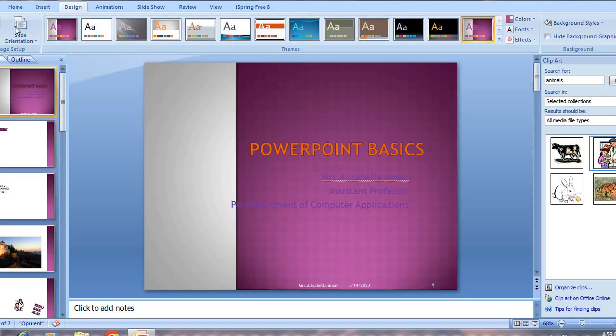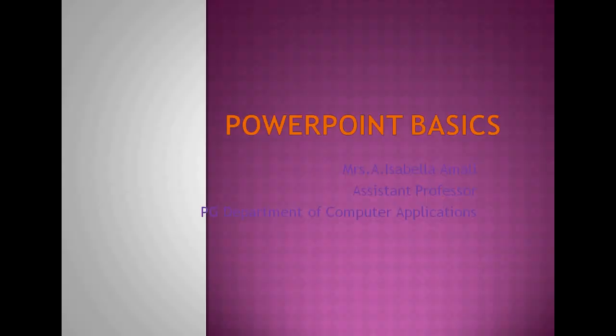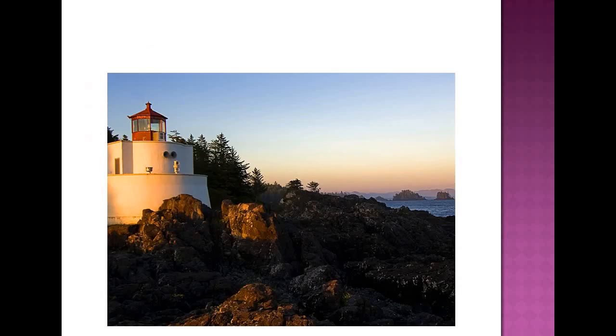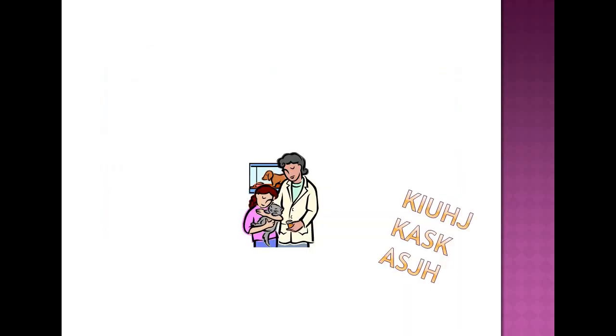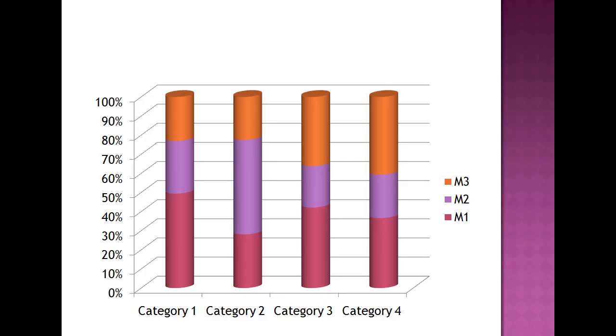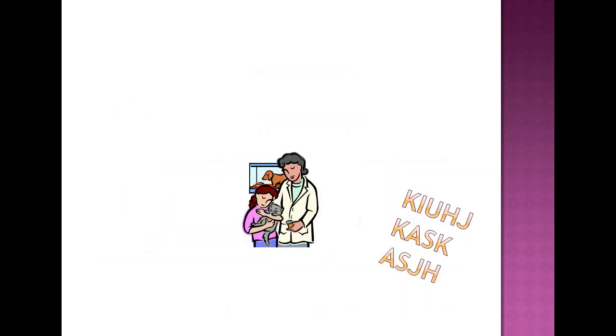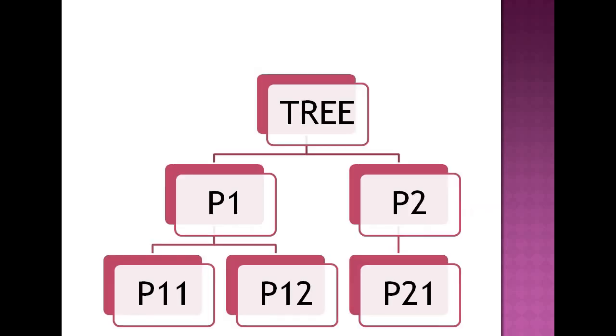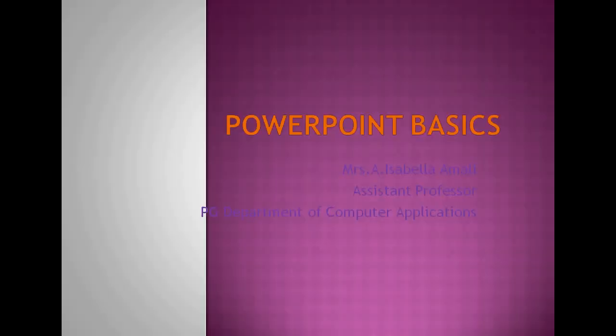So now let's see the slideshow. See how it looks. The themes are applied to the entire content. Even for the chart, the normal colors are different, and then the theme colors are different, for the SmartArt graphics and the other text which has the bullets and the title also.